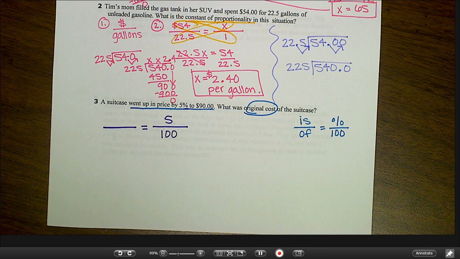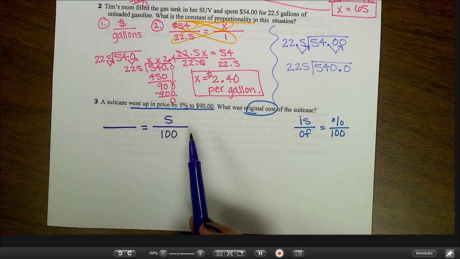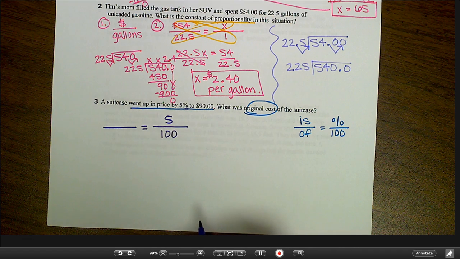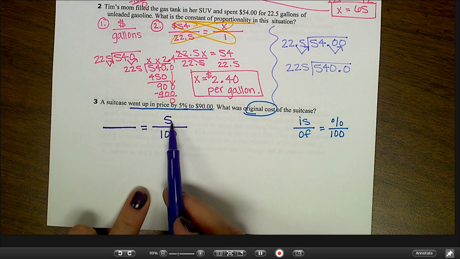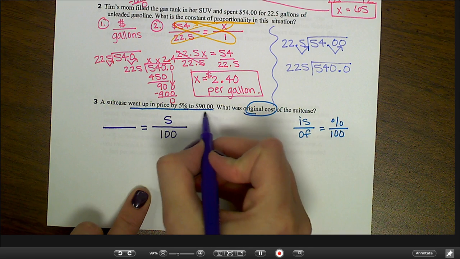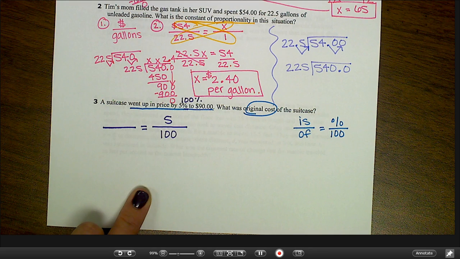So this is a little bit different than what we've seen in the past when we were working on percent proportions. So it's a little bit more complicated, but we're smart. We can figure it out. Let's just analyze this problem. Okay, it went up in price 5% to $90, which means that this 5% is added on to the 100% of the original price.